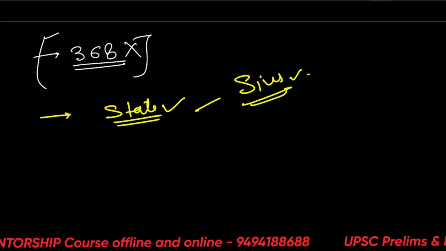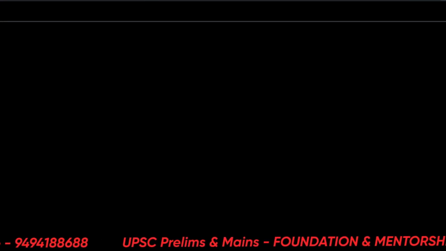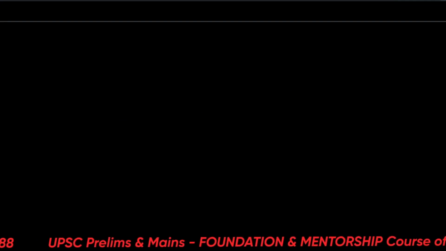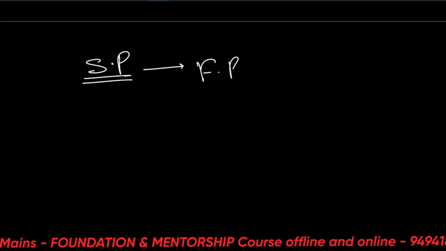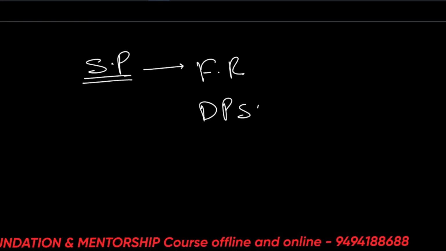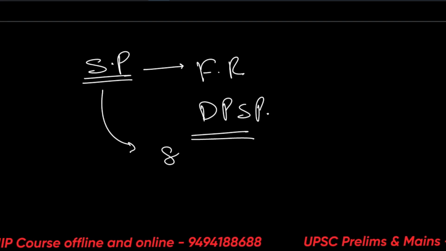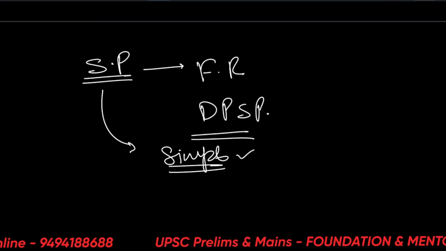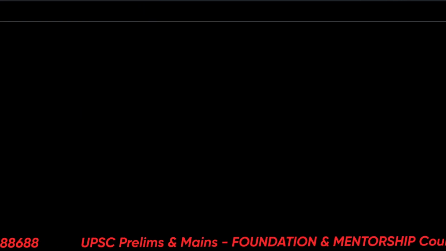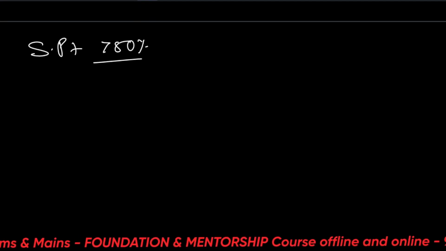Now let's come to the more important ones, the special majority requirement ones. A special majority is required in the case of any changes in the fundamental rights, DPSP, or any other categories not covered in the simple majority. The third one is the special majority plus consent of more than 50% of the states.